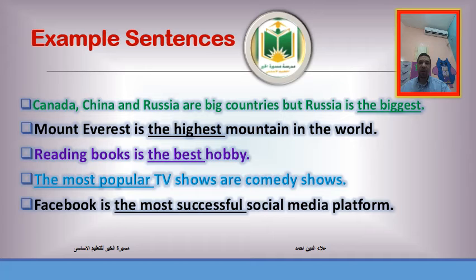The most popular TV shows are comedy shows. Facebook is the most successful social media platform. So we have the biggest, the highest, the best, the most popular, the most successful. All these are superlative adjectives.